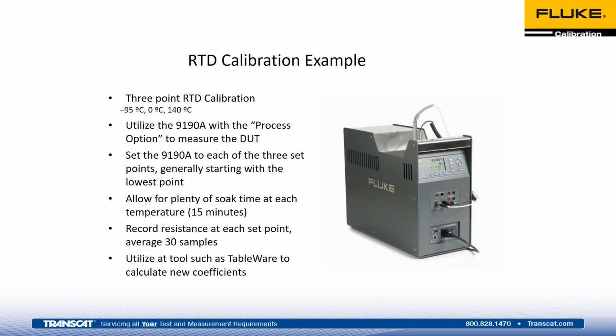And then typically you want to run about 30 samples at each point and then average them. And then you move to your next point, say -95 to 0 to 140, average the data, and then you can utilize a tool like the software we have, which is Tableware, to calculate the coefficient. Or if you want to do it manually or in a spreadsheet, you can do that as well. A little more difficult that way.